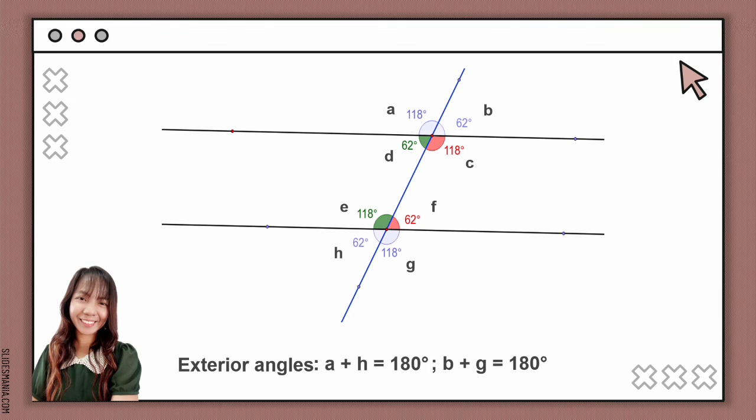The sum of the interior angles, and of the exterior angles, is 180 degrees. Alright, so these are the types of angle pairs formed by a transversal.